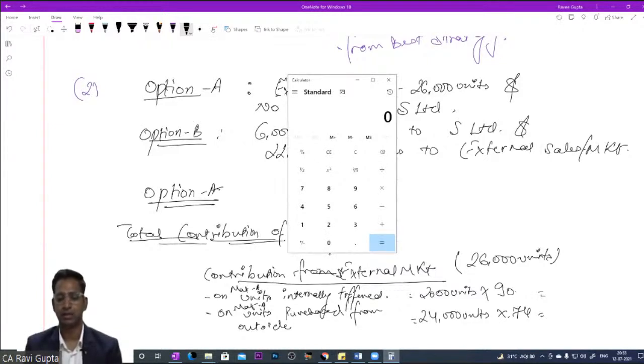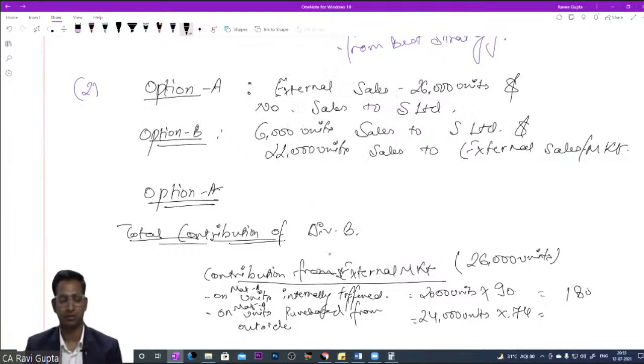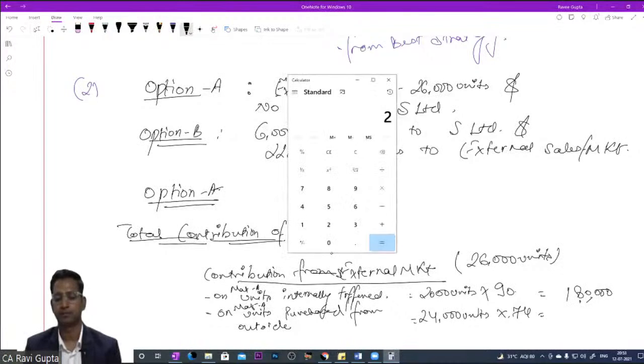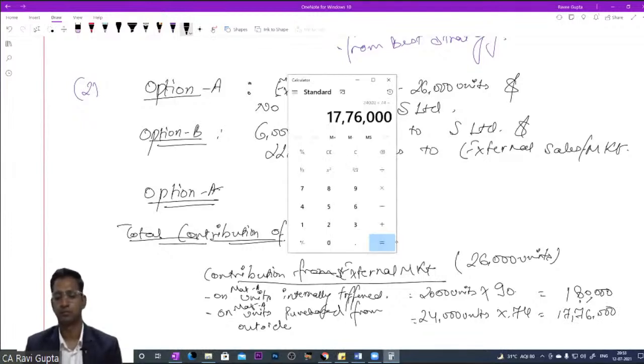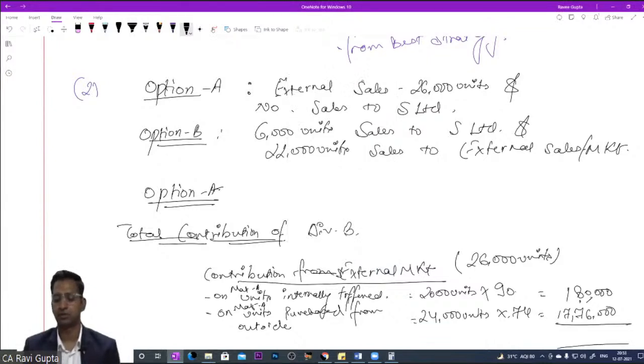So 90 into 2,000 is 1,80,000, and 17,76,000. Total will be 19,56,000.